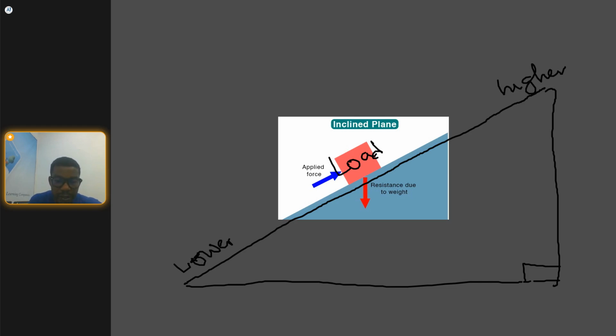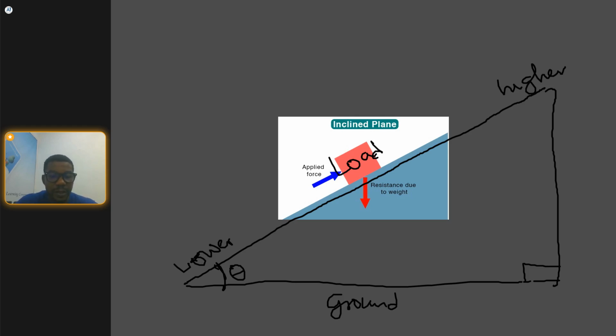So if this is the ground, this place is going to have an angle, and that is based on how the plank or the arrangement of the inclined plane is being done. That will determine the angle formed between the plank and the ground. So theta is going to be the angle formed by the plank and the ground, while this place is 90 degrees.